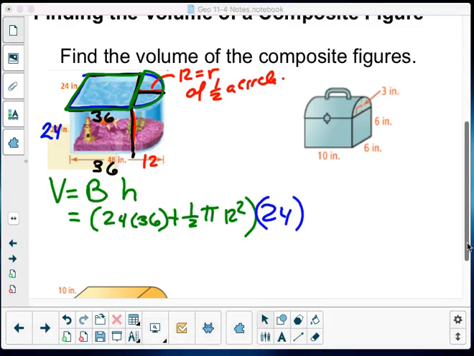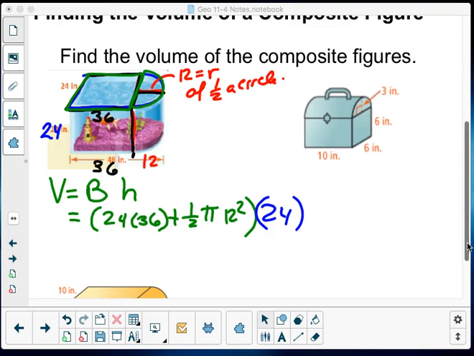Now after I get that 24 times 36 plus 1/2 pi 12 squared in my calculator, I multiply it. Oh, I've got to get that pi in there. Okay, let me do this. My calculator is not working well.